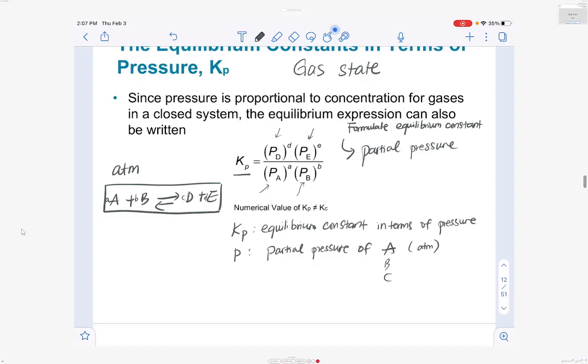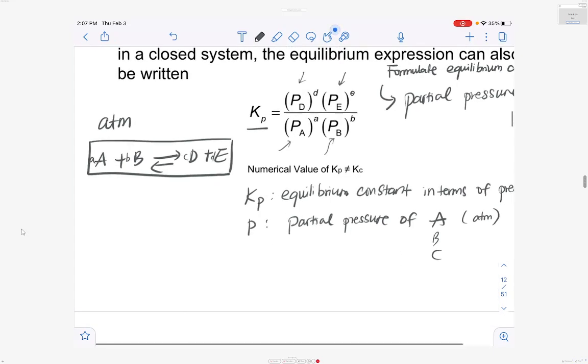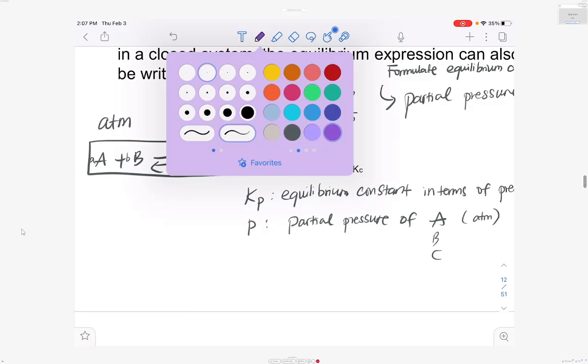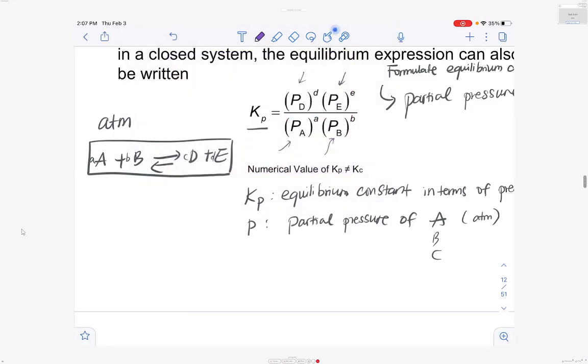Okay, so let's take a look at an example. Let's say you're working with this reaction, N2O4. If they're both gas state, you can also express the equilibrium constant in terms of Kp, because this involves pressure.